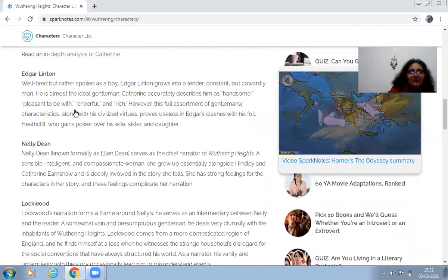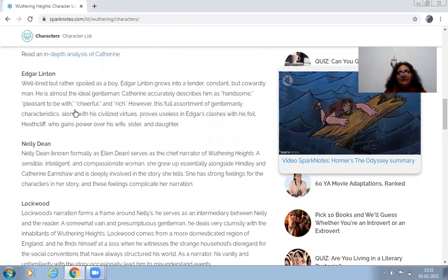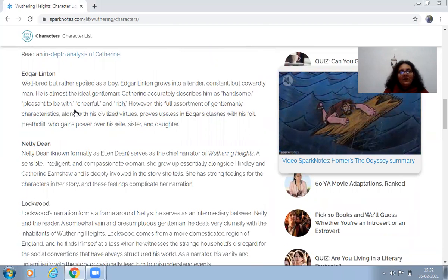Another character in the novel, Edgar Linton. Edgar Linton is son of Mr. and Mrs. Linton. He is an ideal gentleman. He is impressed with Catherine.